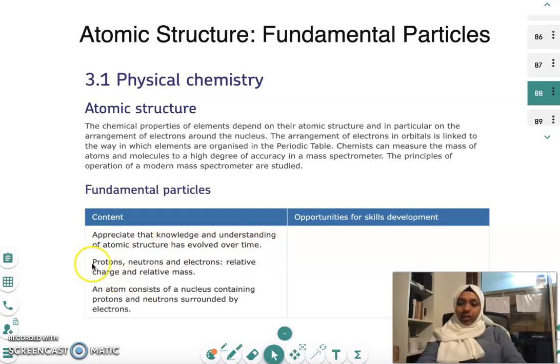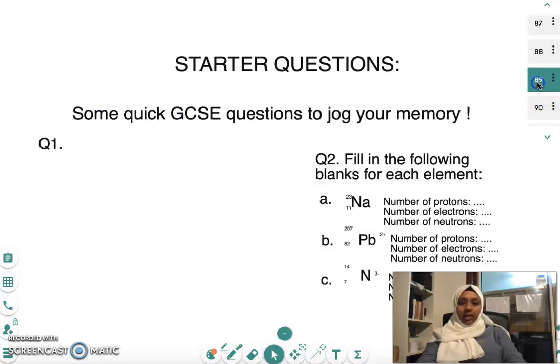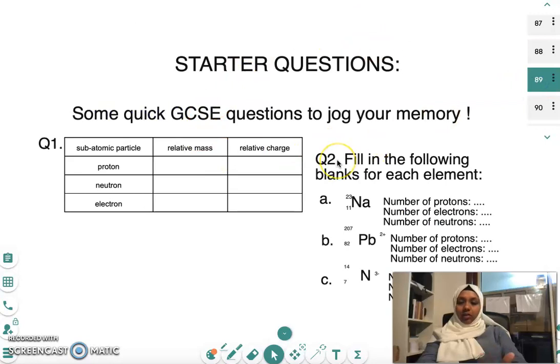The second one says protons, neutrons, and electrons, their relative charge and relative mass. And the third one says an atom consists of a nucleus containing protons and neutrons surrounded by electrons. So that's the specification.